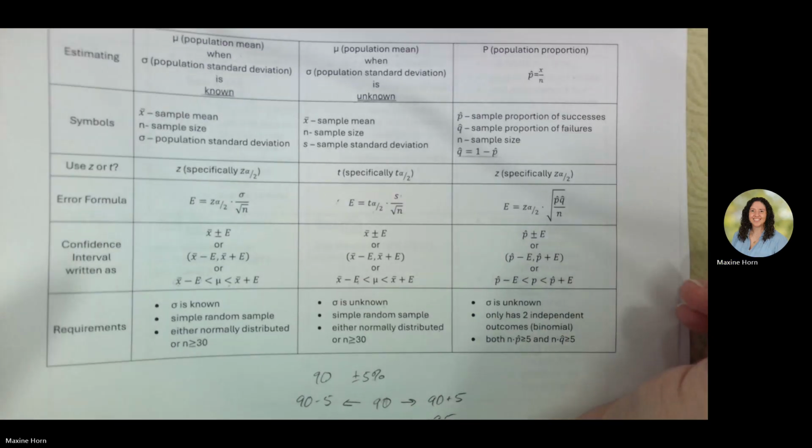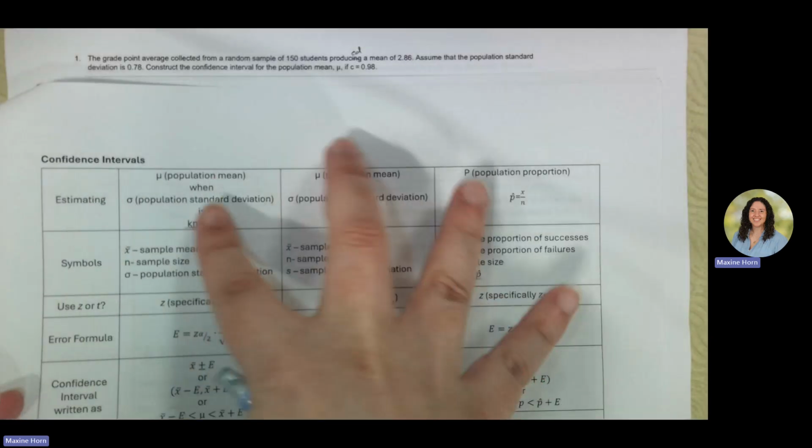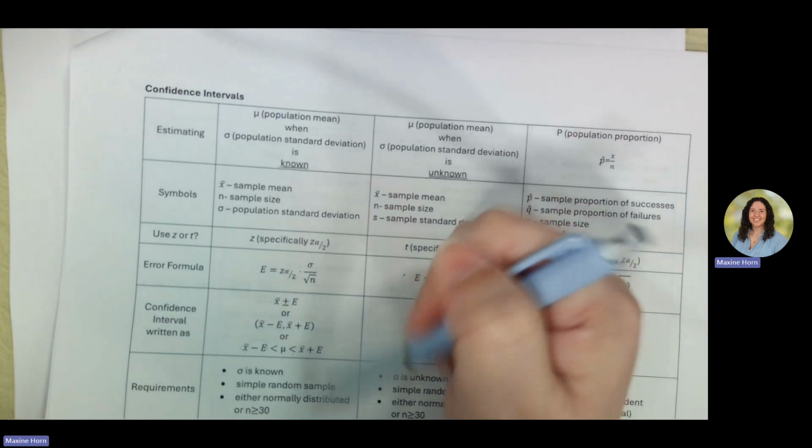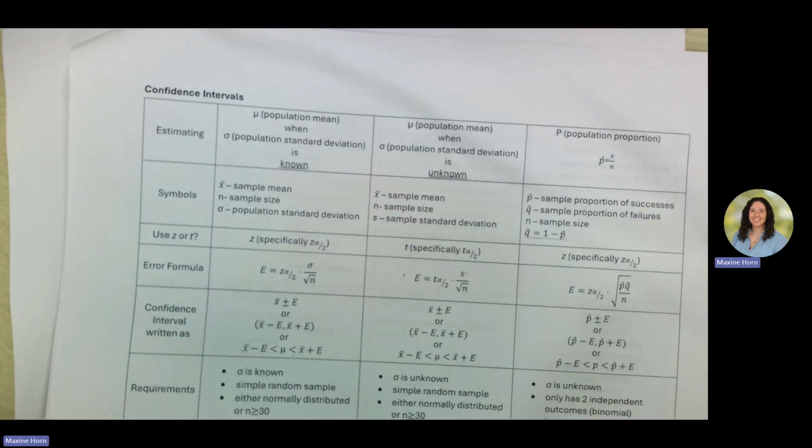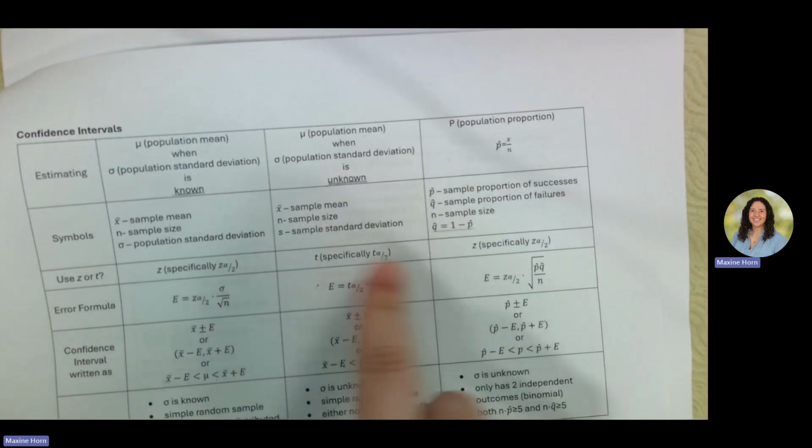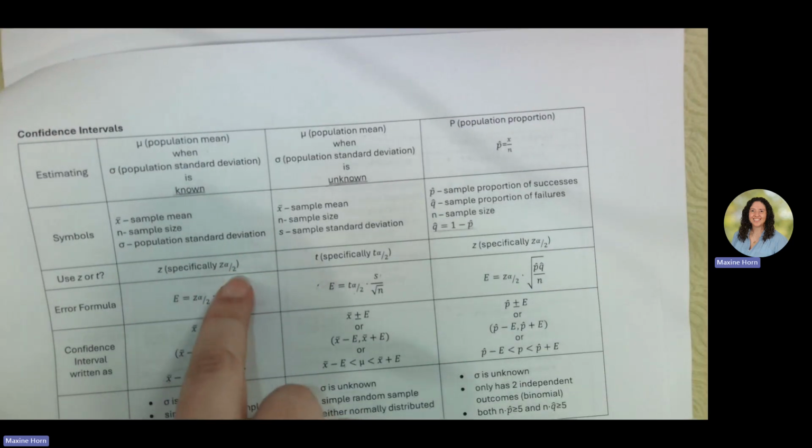All right, so let's determine which of these three situations we have. We were given a population standard deviation, so that means we are in this first column here. So the first step is that we need to calculate our z-score, not t-score, but for this one it's z-score.